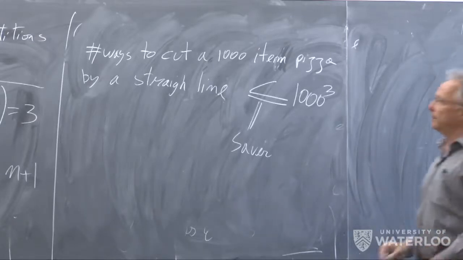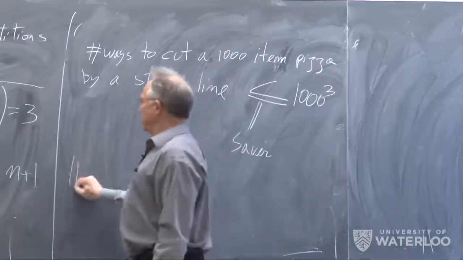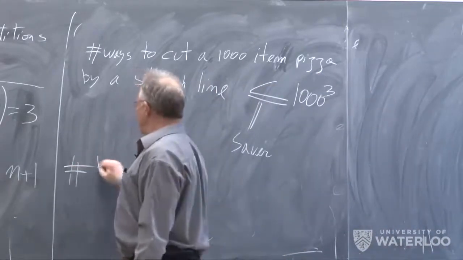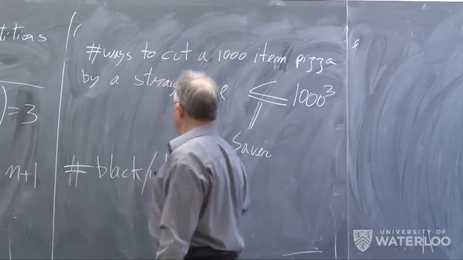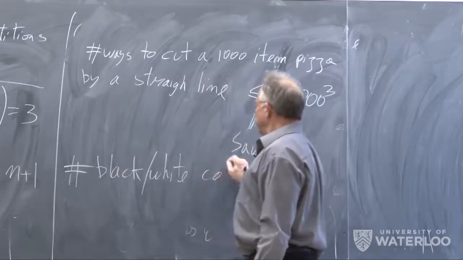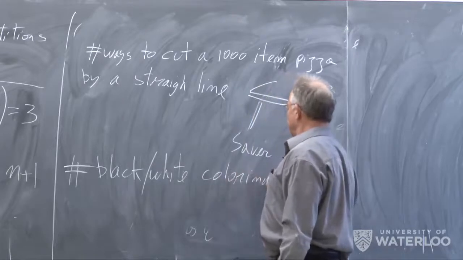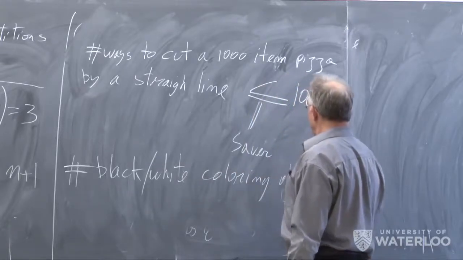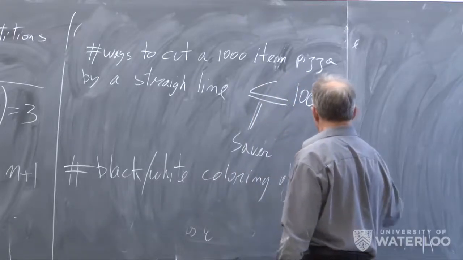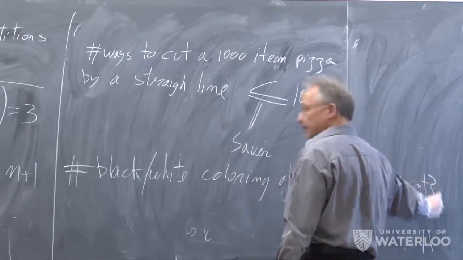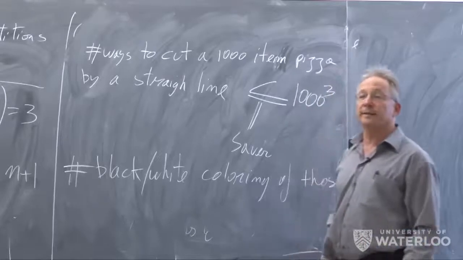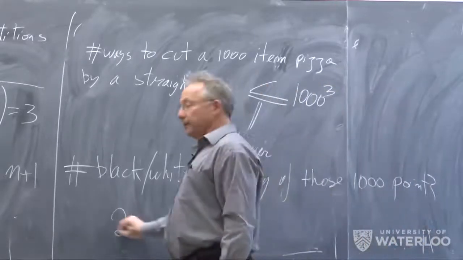But what is the number of black-white colorings of those 1,000 points? How many ways do I have? 2 to the power 1000.